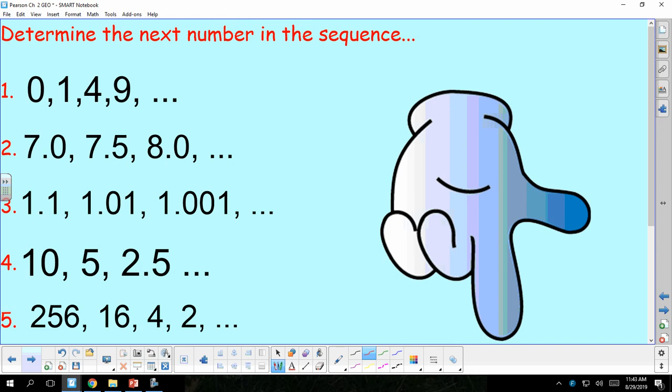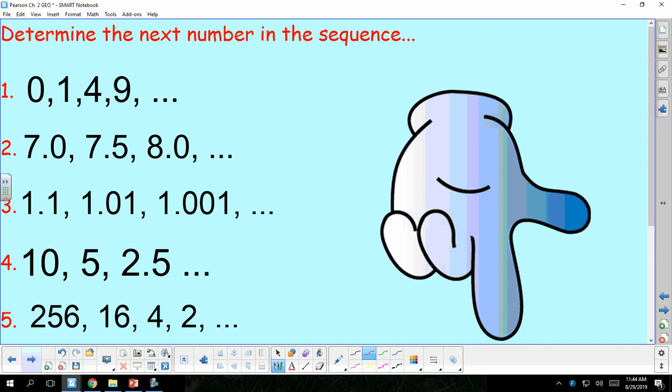Take a look at these patterns. See if you can come up with the next number in the sequence for these. These aren't in your note package. Just go ahead and take a look and see if you can come up with them. Just an example I threw up to get us more practice. What about this one?